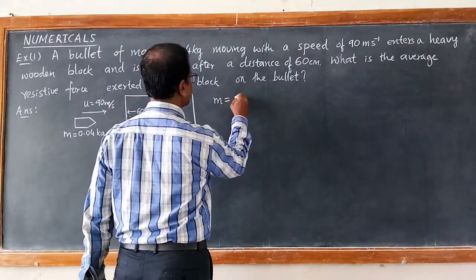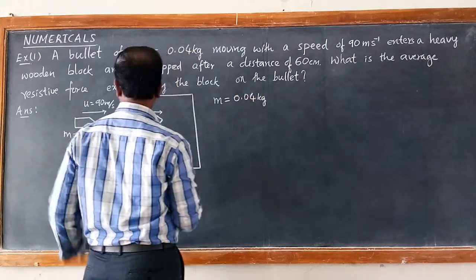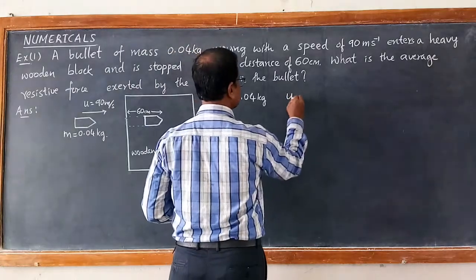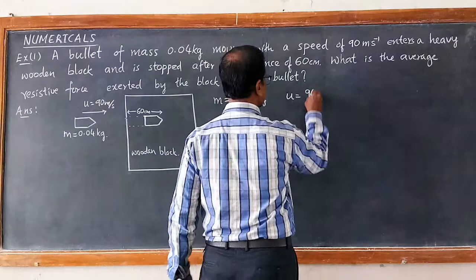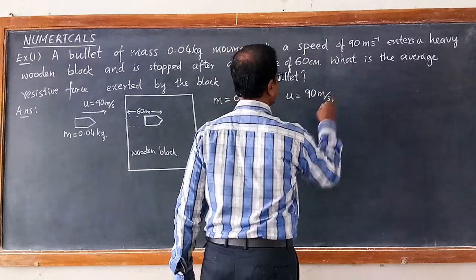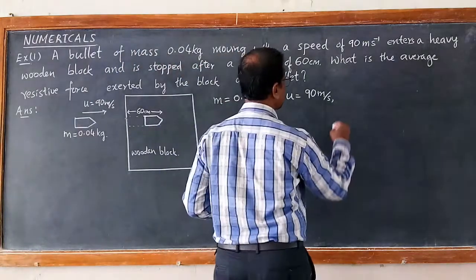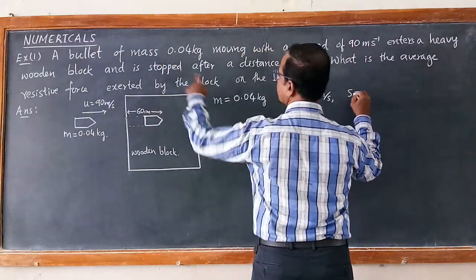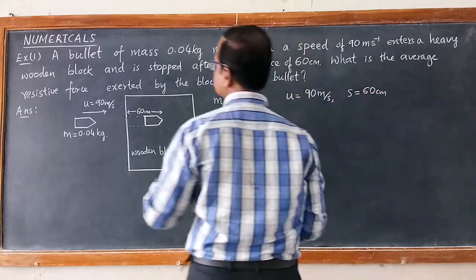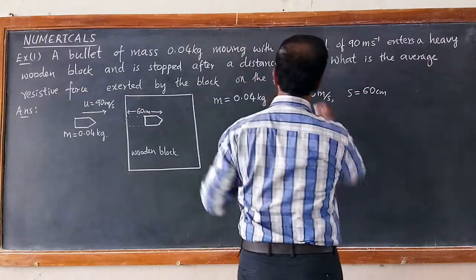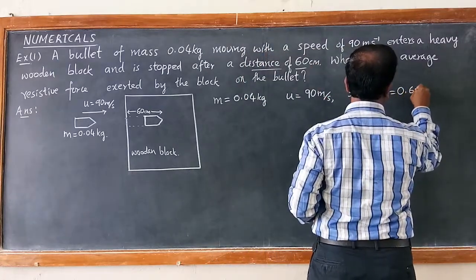Mass of the bullet is 0.04 kg, and the initial speed of the bullet u, the speed with which it is entering, is 90 meters per second. Distance covered by the bullet inside the wooden block, s, is given as 60 centimeter, so that is 0.6 meter.